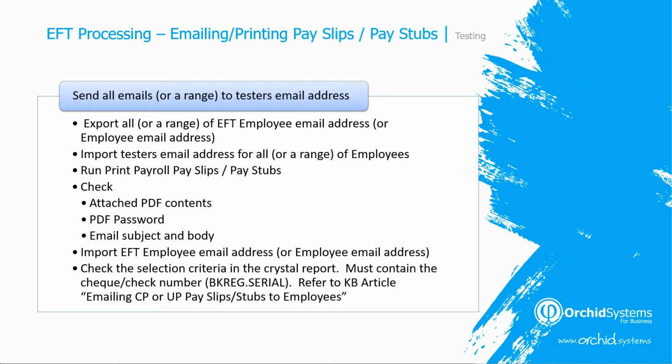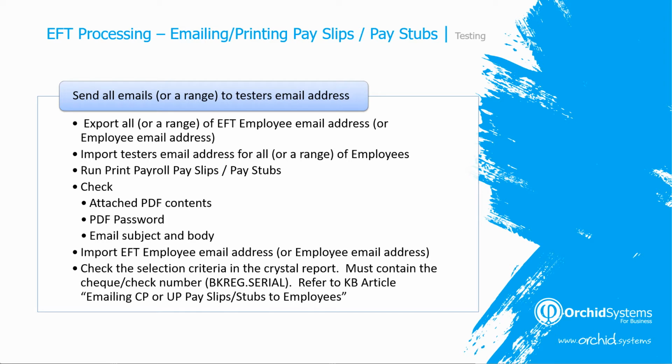And then go ahead and do your test payroll, print your payroll slips and select email. And then check that per email that you receive, you've got the correct attached PDF contents, that the PDF password is correct, and your email template body is correct. Once you're happy with that process, then you can import back the employees' email addresses and you're set to go.